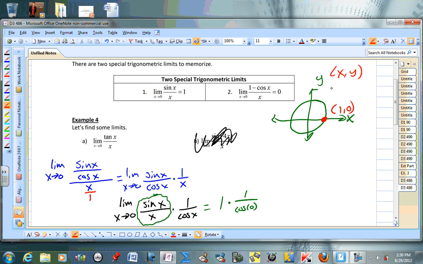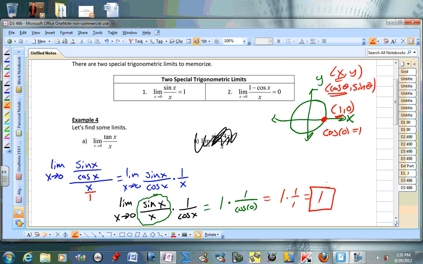These are also in alphabetical order: cosine of theta, comma, sine of theta. So the cosine of theta corresponds to the x-coordinate. In other words, the cosine of 0 radians is equal to this x-coordinate, 1. So really, we've got 1 times 1 over 1, which is 1. Our limit for part A is equal to 1.